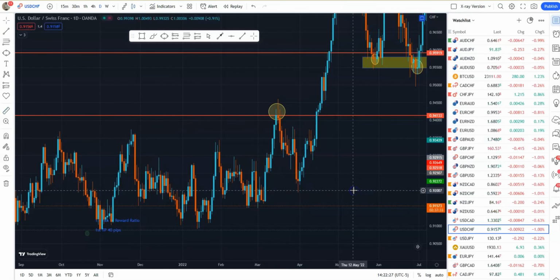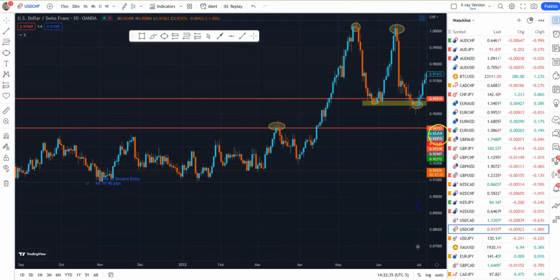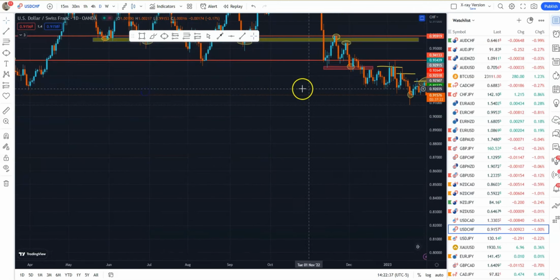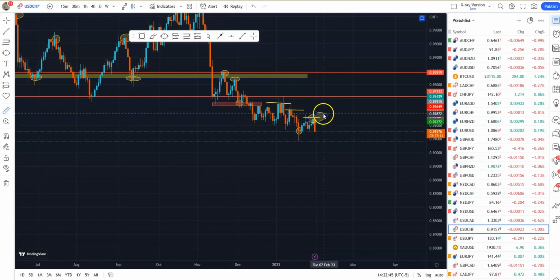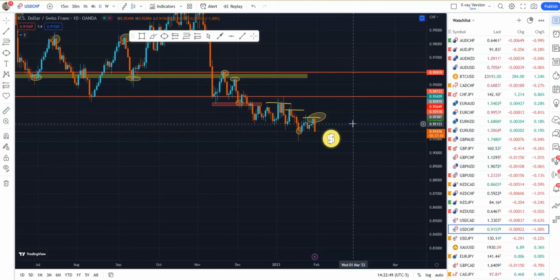So guys, with that being said, this is something that I use in my trading every day. Like I said, I showed you this is actually a chart in which I'm in a trade right now. I'm in this trade on the daily right now, USDCHF, for 129 pips, guys. I'm in it right now for 129 pips.